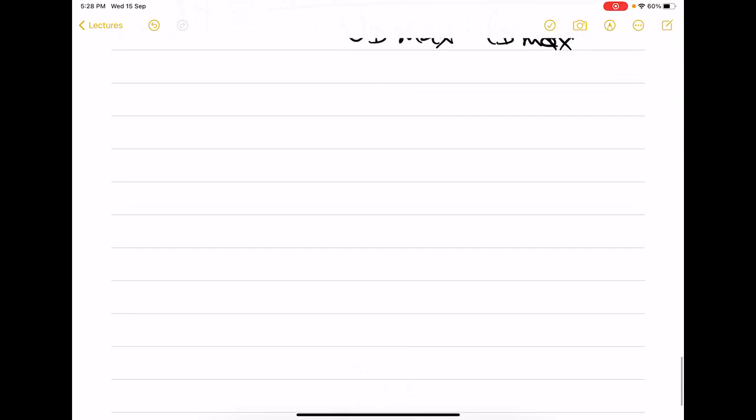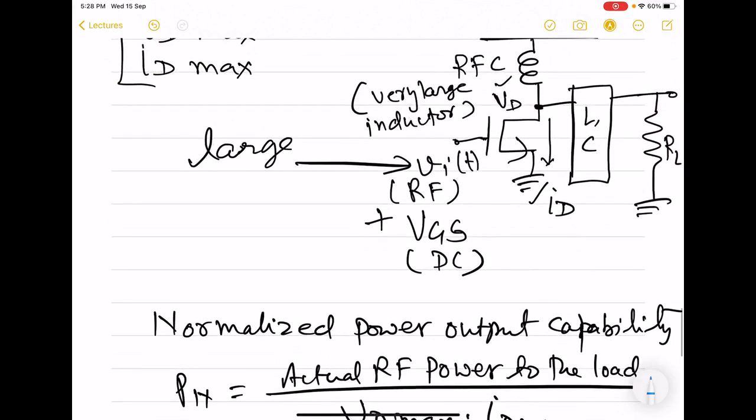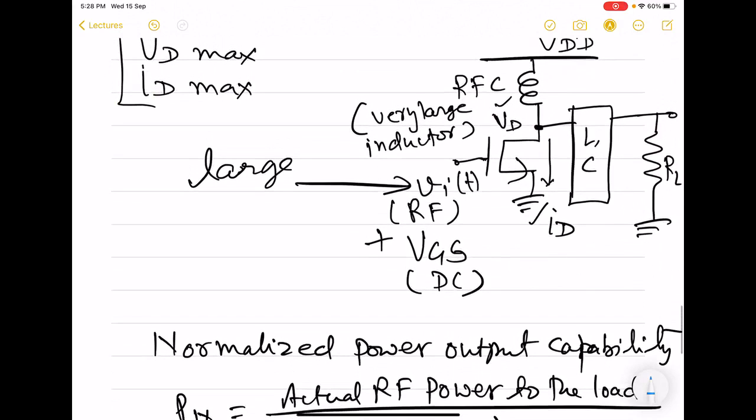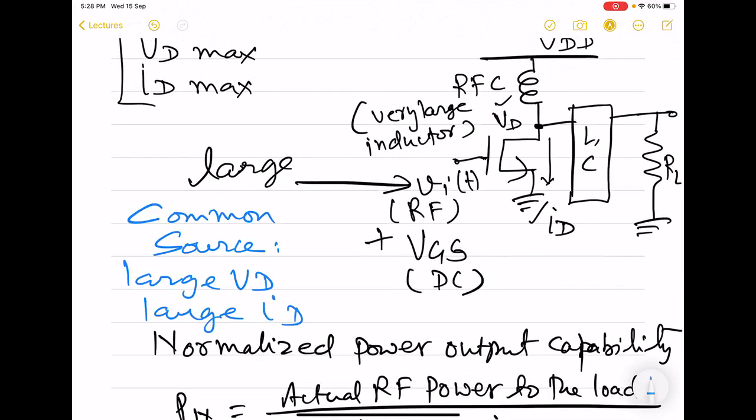Now we are going to classify these power amplifiers into various subclasses. But let me emphasize that this classification is not in terms of common source, common drain, common gate, because here you can see that this power amplifier is always common source, because only in the common source can you have large VD as well as large ID.